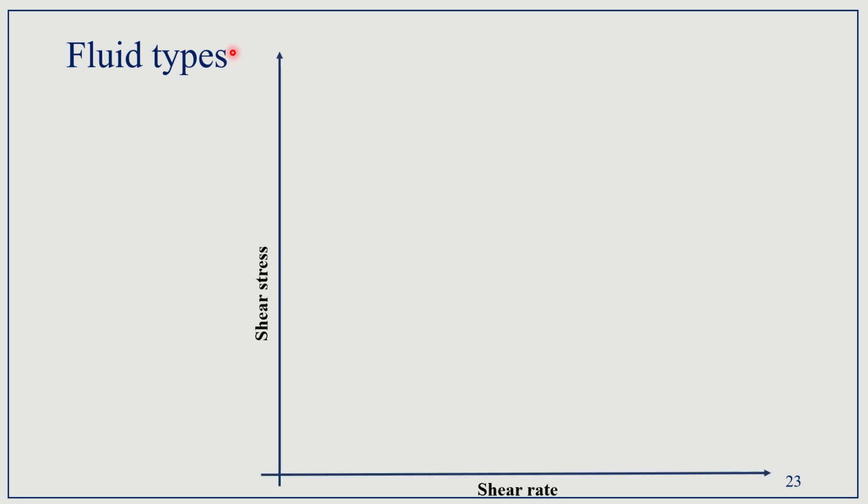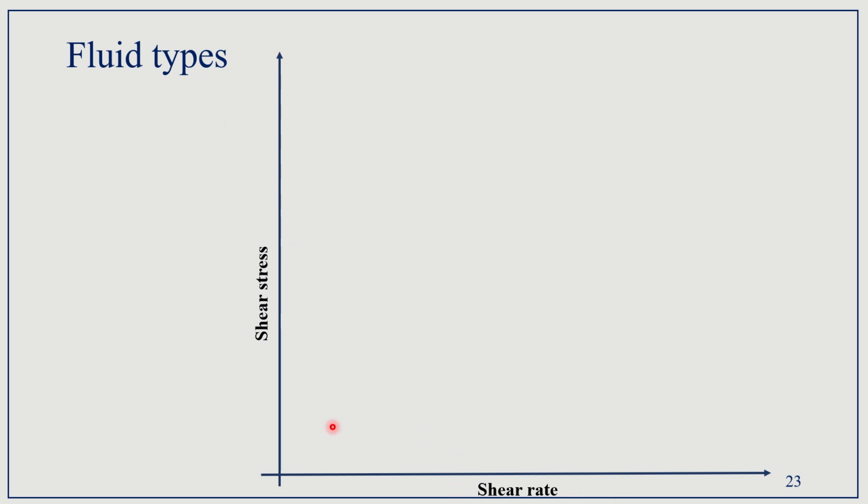So now we'll see the classification of fluids into Newtonian and non-Newtonian. Fluid types basically come under Newtonian and non-Newtonian fluids. We have said that it is based on shear stress and shear rate, right? So we will see a plot of shear stress versus shear rate.